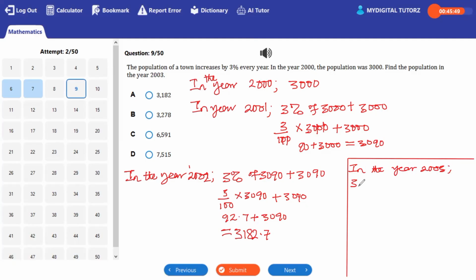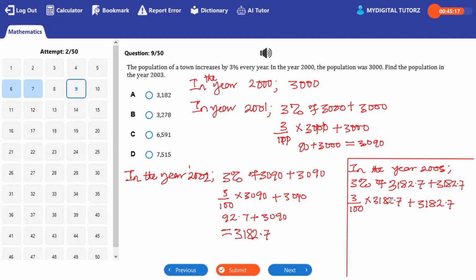Here it will be 3% of what we had in 2002, which was 3182.7, plus 3182.7. Is that correct? So when you do this, this will be 3 all over 100 times 3182.7 plus 3182.7. Good.